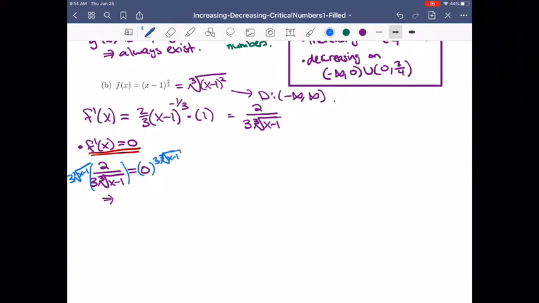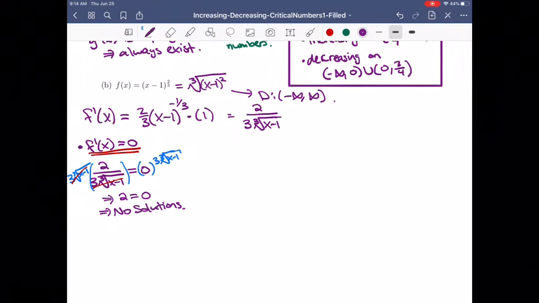So on the left side, it's going to cancel out. On the right side, 0 times anything is 0. So what we get is 2 equals 0. Okay, so this doesn't make sense. So that means there's no solutions here. So there's no x values in this example where the derivative equals 0.